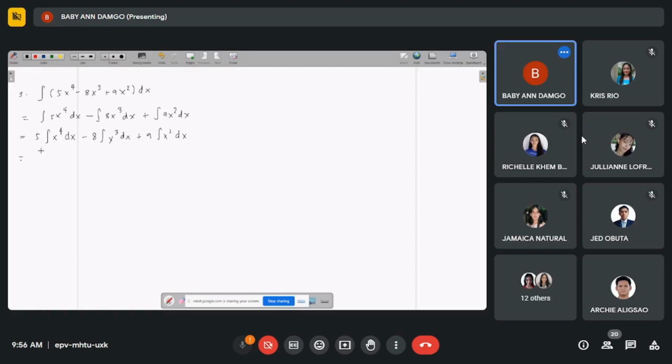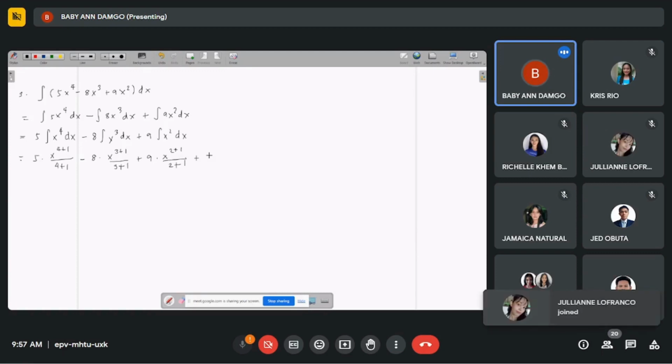So, we have here 5 times, so this one, so we have x to the power of 4 plus 1 over 4 plus 1 minus 8 times, so this is x to the power of 3 plus 1 over 3 plus 1 plus 9. So here it's multiplied by x to the power of 2 plus 1 over 2 plus 1 plus c.